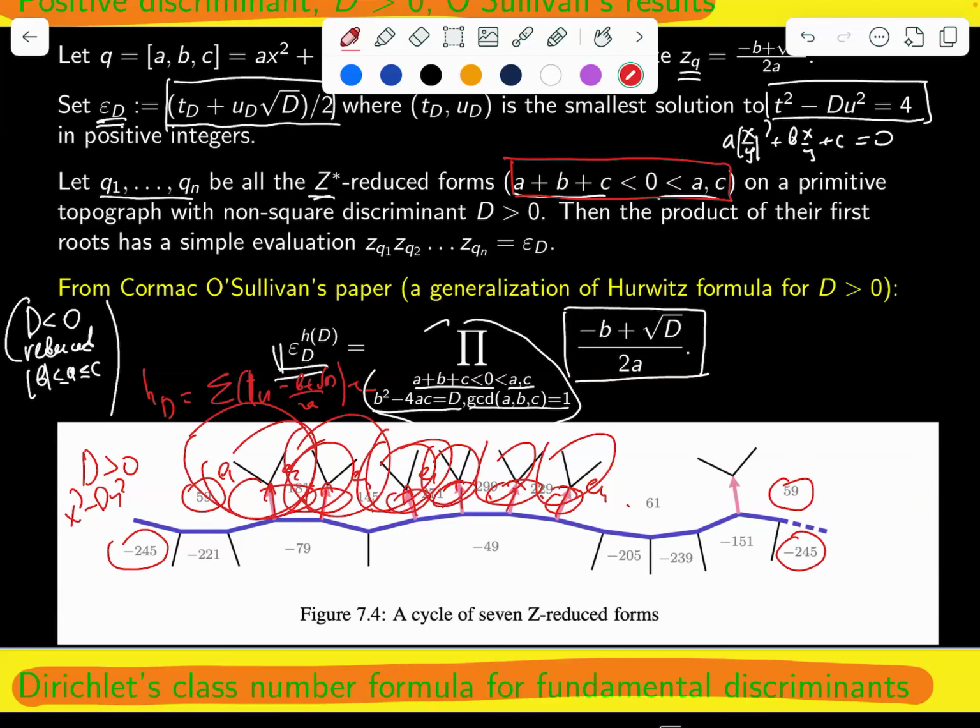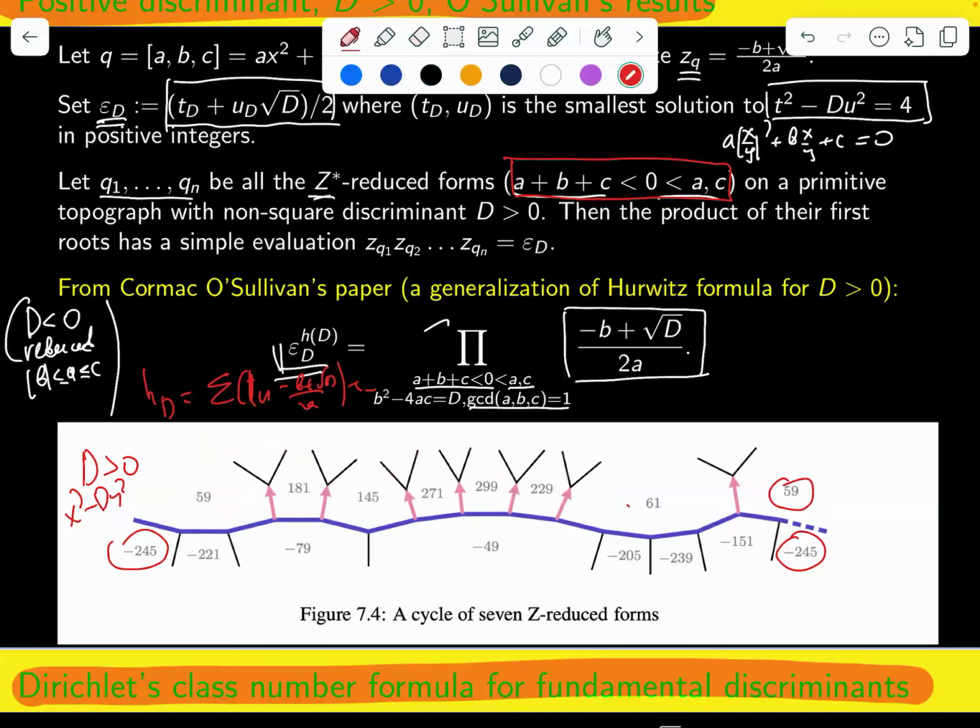So you just take a part of it, but then you can also compute the sum over this part of the topograph, just on one branch here. And so this thing corresponds to the logarithm of this root. Okay, I just tried to explain the ideas.